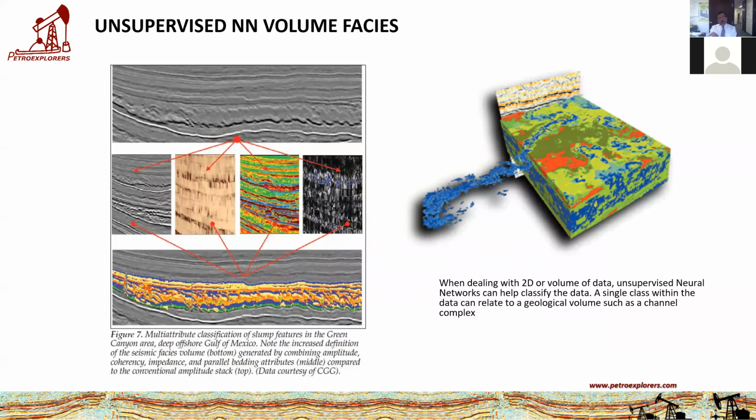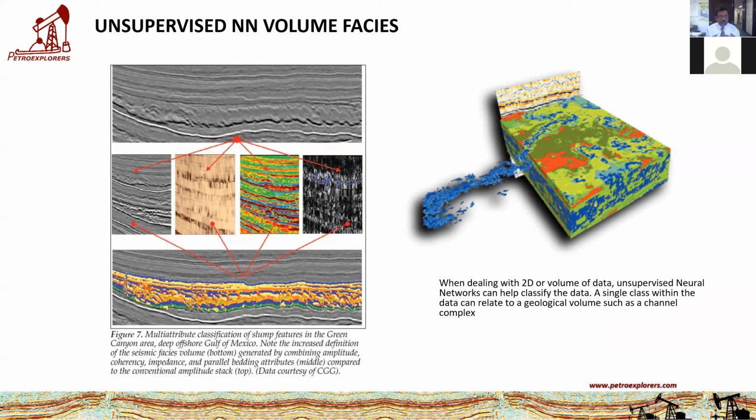So in unsupervised, you can also run a sectoring, taking a data set and trying to subdivide a mass transport system like this one, or extracting out a channel system, seeing geobodies with sands and shales.